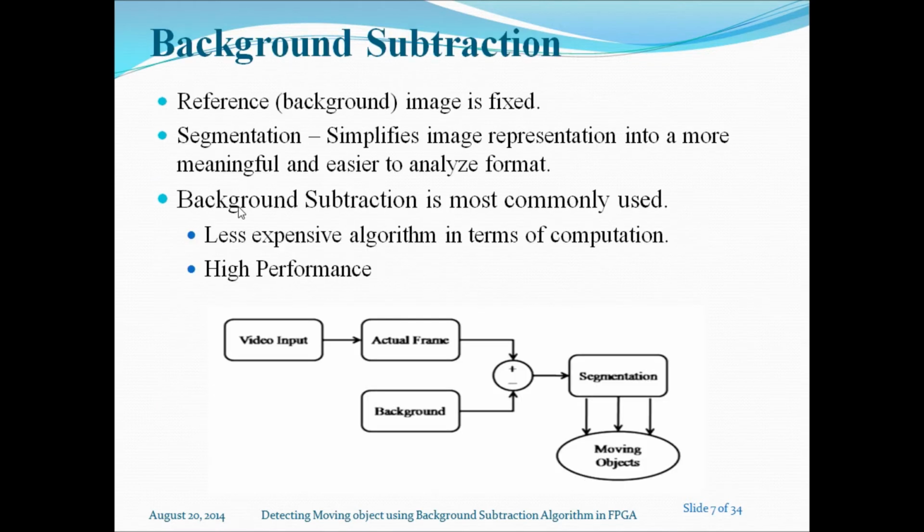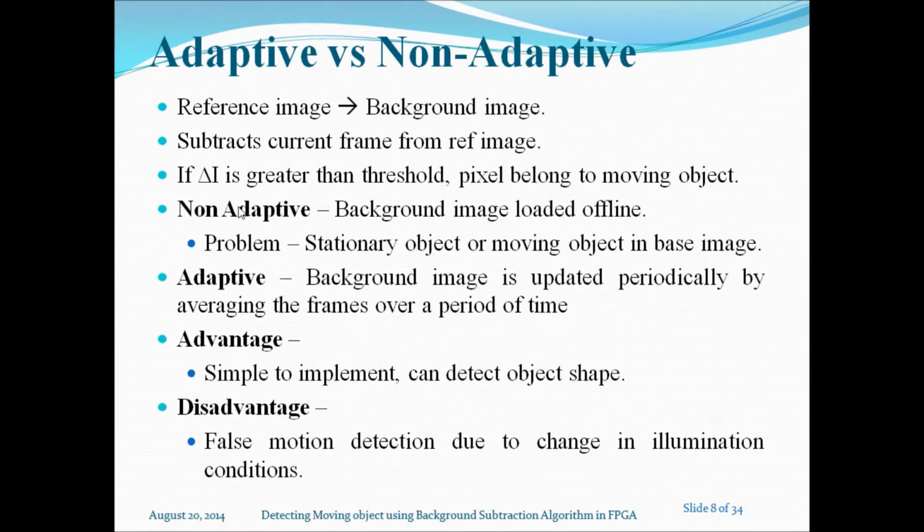Background subtraction uses a background image known as the reference image, which is stored in memory. The input video stream is transferred into frames, and each frame is subtracted from the reference image to detect the moving region. Motion detection using background subtraction can be classified as adaptive or non-adaptive.